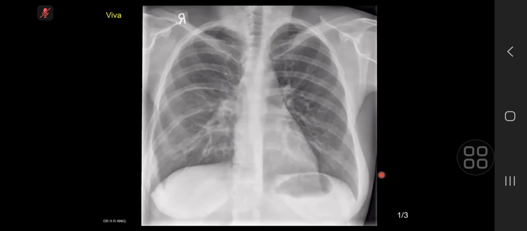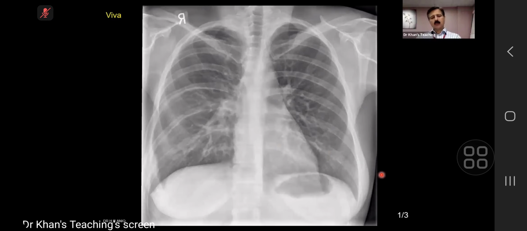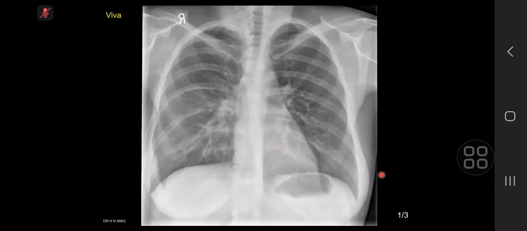So this is a frontal chest radiograph of an adult patient. I don't see any acute focal lung lesion. So going through review areas, I'm saying the abnormality is not striking.